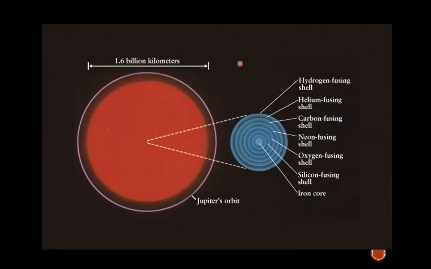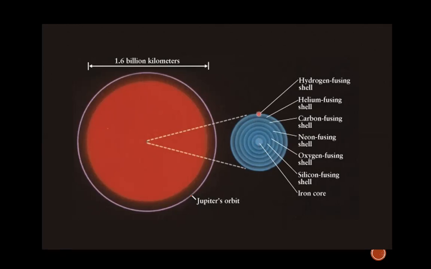And because of that, as you see in this diagram, there are different layers of materials or metals now in the star, right? In the central region, you will have the heaviest material, which is iron, and then you have a silicon shell after that, and then an oxygen shell, neon shell, carbon, helium, and the outer layer is a hydrogen fusing shell, right?